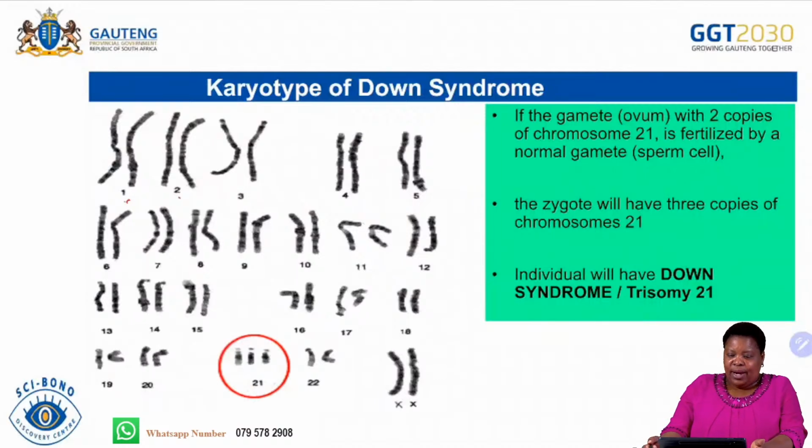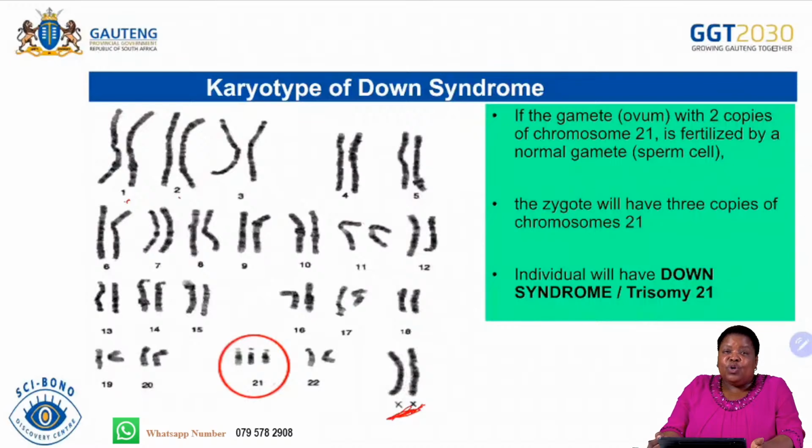We have an extra one. Then we've got the 22nd chromosome. Then we've got the last one, which is XX. So it means this person with Down syndrome is a female because the last one we've got what? XX. And then on the 21st chromosome, we've got an extra chromosome there.